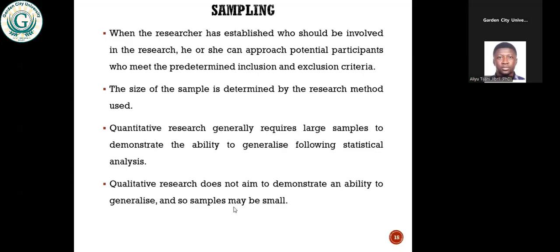Now, when you take cluster sampling, again, you group your participants, your study population.